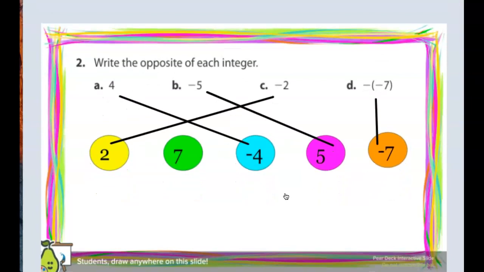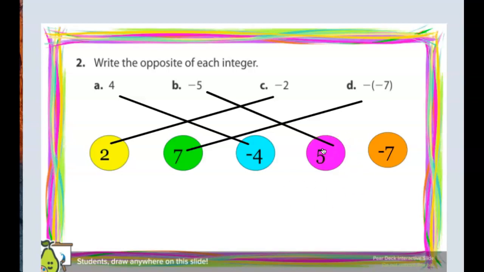Michael? What's the opposite of -5, Michael? 5. And what's the opposite of -2, Charlie? Charlie, what's the opposite of -2?